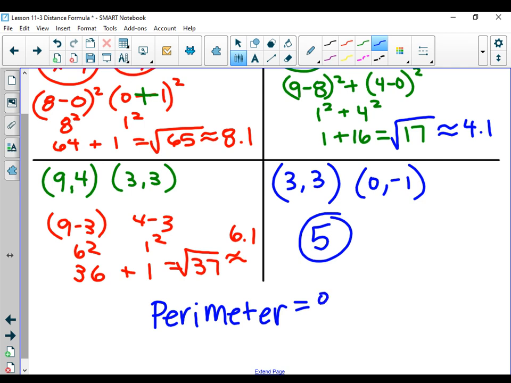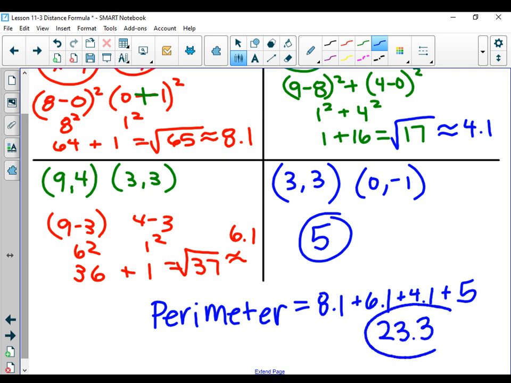So we have an 8.1, a 6.1, 4.1, and a perfect 5. That would be walking the full perimeter all the way around. Savannah, I heard a couple other people agree with you.